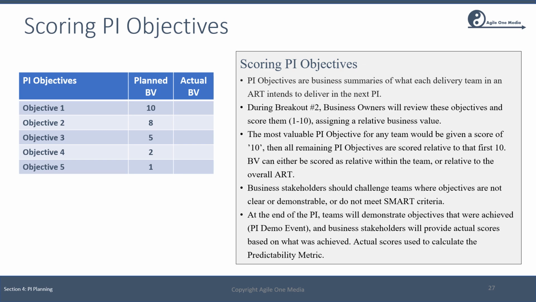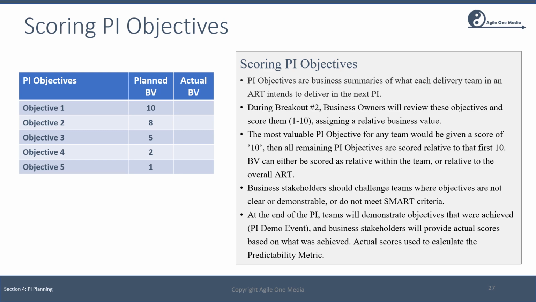The most valuable PI objective for any team will be given a score of 10, and then all remaining PI objectives are scored relative to that first 10. Business value can be either scored as relative within one team or relative to the overall train.